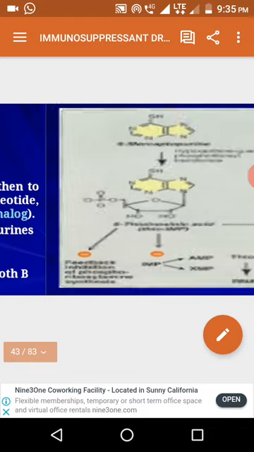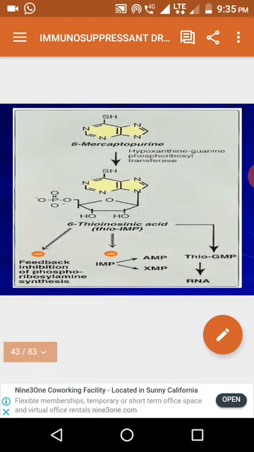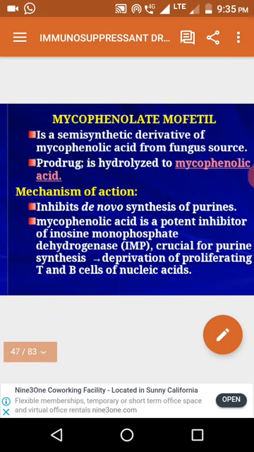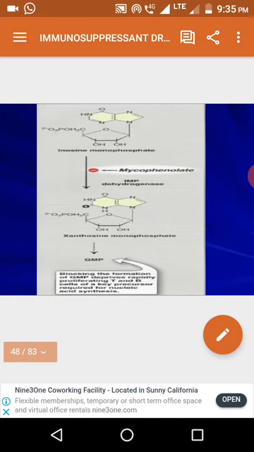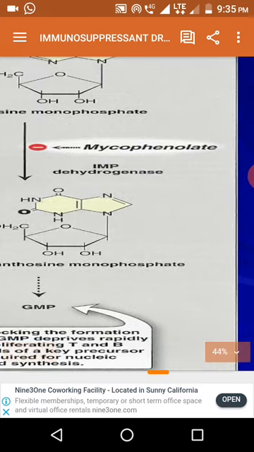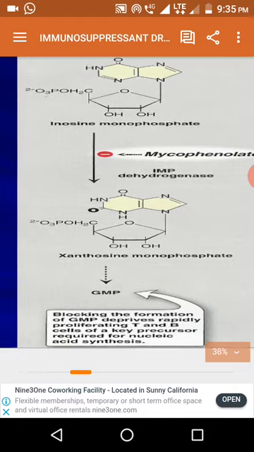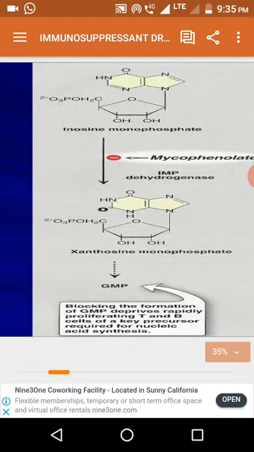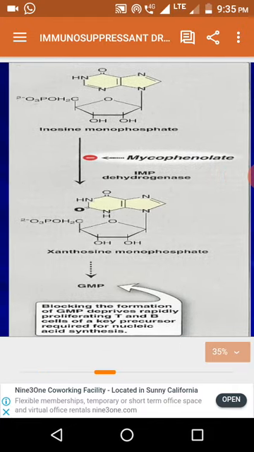Azathioprine will competitively inhibit the enzymes required for synthesis of both AMP and GMP. But mycophenolate works especially differently: it inhibits the conversion of inosine monophosphate to xanthosine monophosphate, so it especially inhibits GMP production.